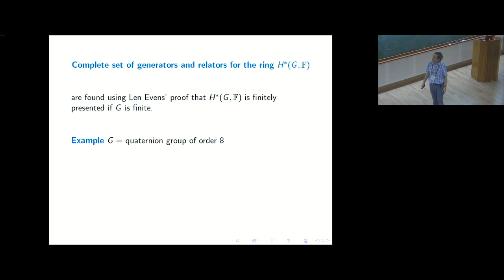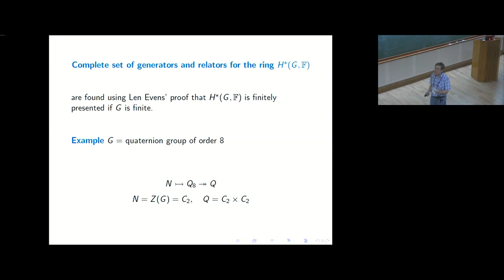I'm going to take the group G of order 8, the quaternion group. So I hope I got this right. The quaternions, so I guess henceforth G will be Q8, it's an extension of the Klein 4 group by the cyclic group of order 2, a cyclic extension.